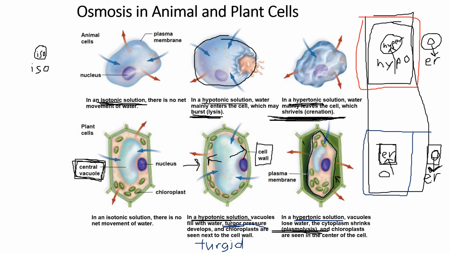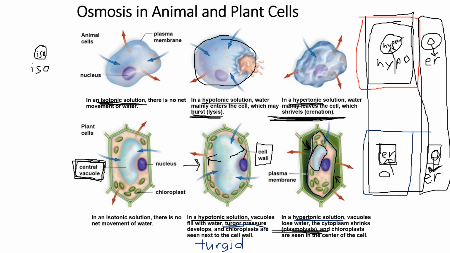You can see the plasma membrane pulling away from the cell wall. Also in a microscope, you can often see the central vacuole shrinking. So with animal and plant cells in a hypertonic solution, the movement's the same, the shriveling is the same. We just call it slightly different things due to the fact that there's a cell wall in plants and not in animals.